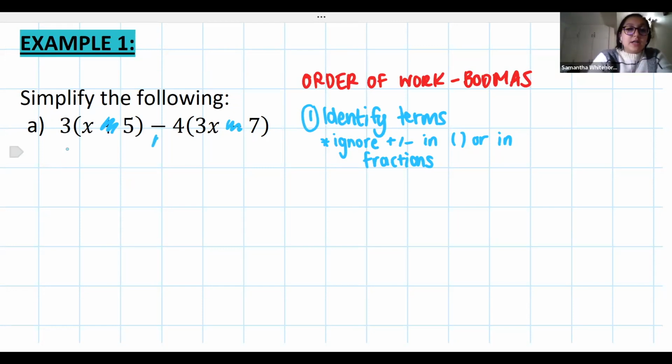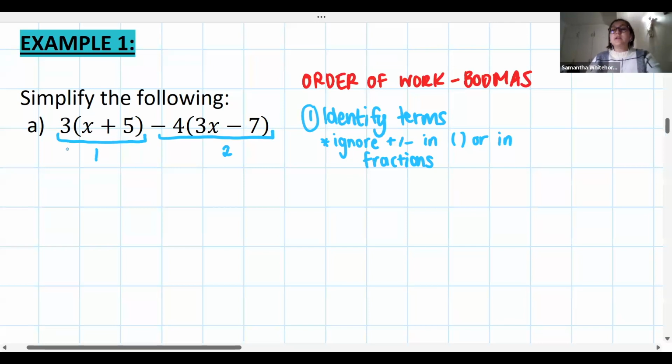The only sign I actually care about is this negative, and that's separating my expression. So what that means is that I have 2 terms in this expression: the first is 3 times the bracket x plus 5, and my second term is the minus 4 times the bracket 3x minus 7.